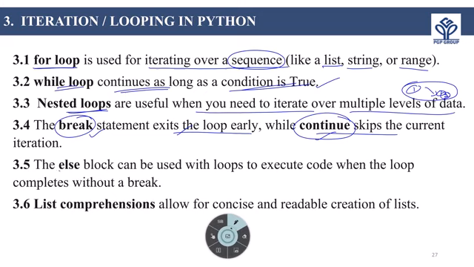Clear? The else block can be used with loops to execute code when the loop completes without a break. So after the loop is complete, it exits. When the loop completes without a break, we can use else.